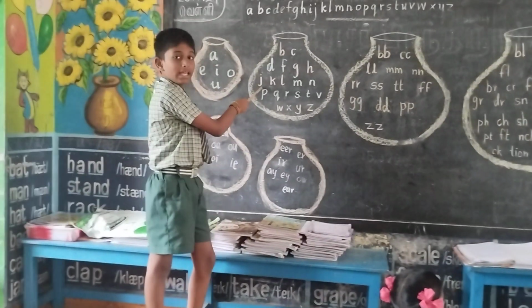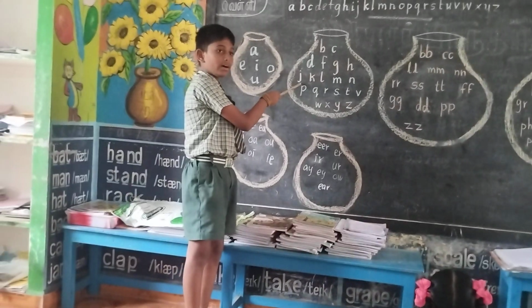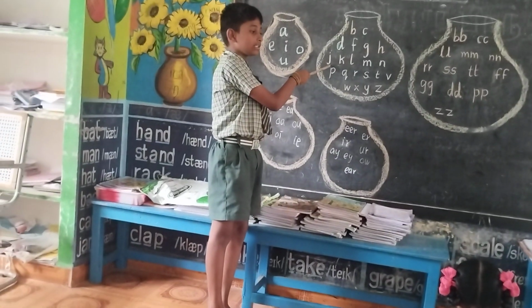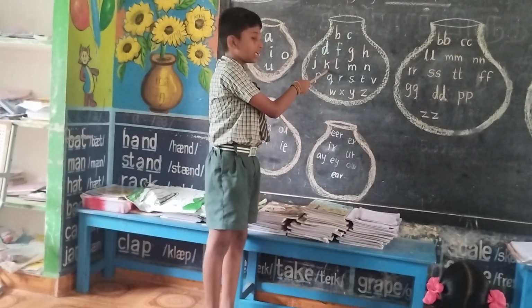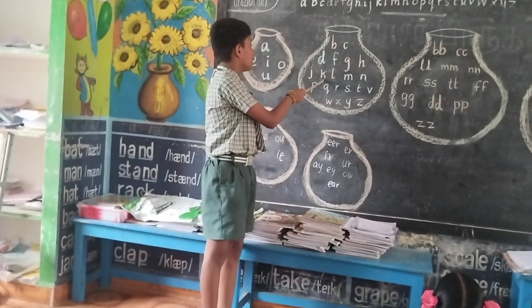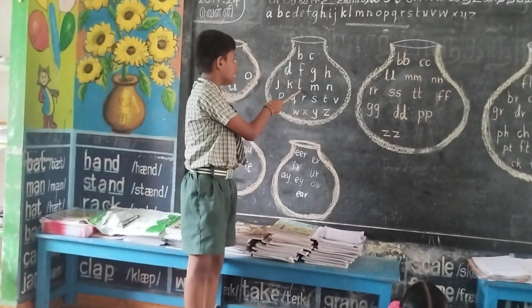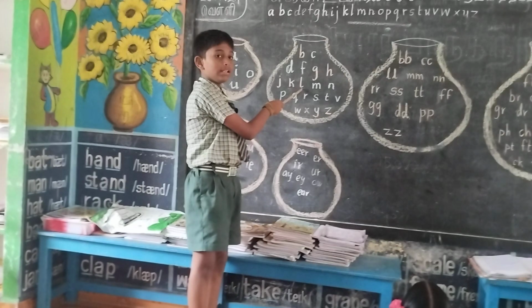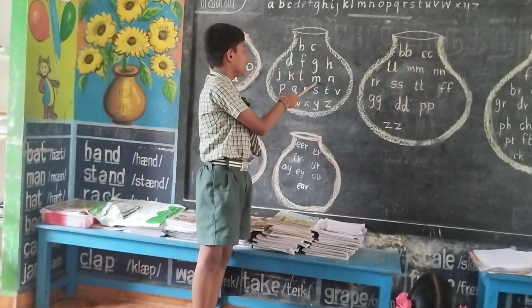The letter J. For example, jack, jump. The letter K. For example, kite, king. The letter L. For example, lamb. The letter M.